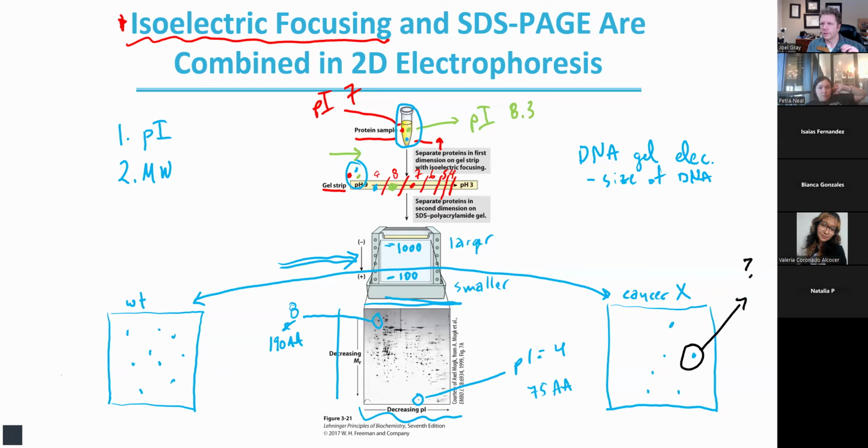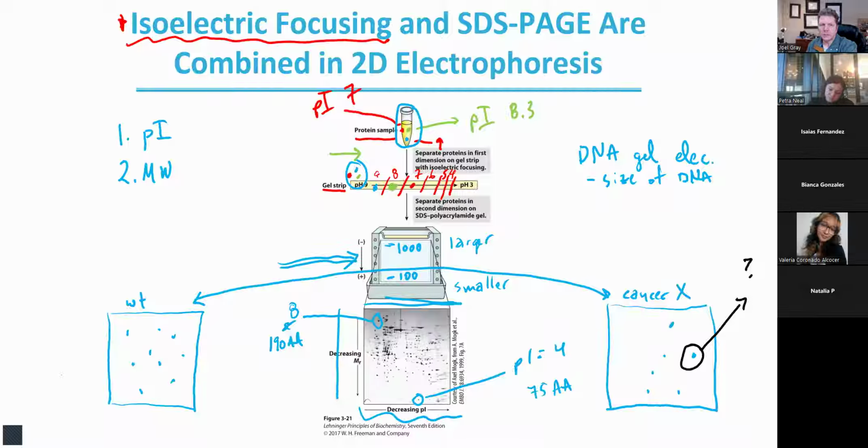Now, this is my very long-winded answer to the question, why would you want to study a protein? So that you could identify possibly drug targets, possibly an explanation for why someone is in a disease state. Now, some more direct questions. I was giving this as an example to describe techniques and how we analyze proteins, but also give a little bit of context for why we'd want to.